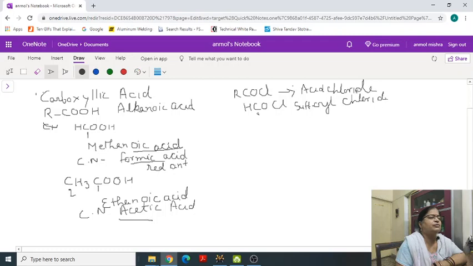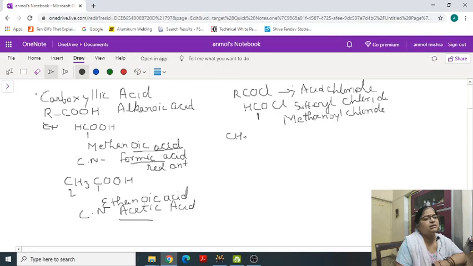Now the first one has one carbon, so methane, remove E and add oyl chloride. It is called methanoyl chloride.